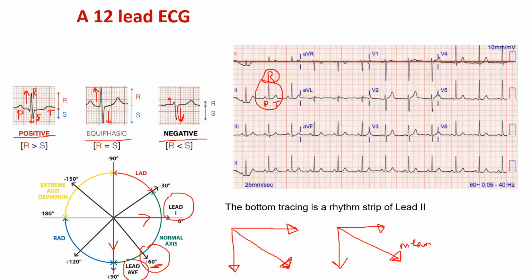If they're equal, then it's equiphasic and you don't get any deflections. This red line that I tried to show you right here, we refer to it as the isoelectric line, and basically this is when you don't have any deflections. So you just have a straight line.